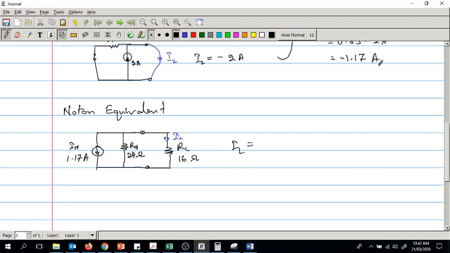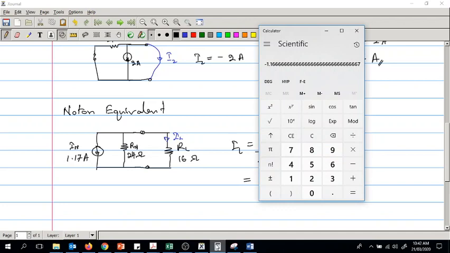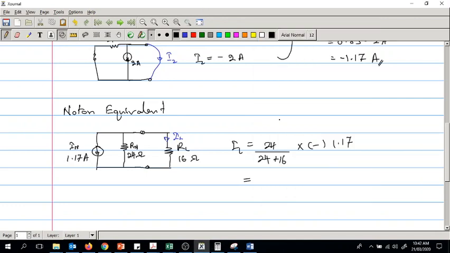IL is equal to 24 divided by 24 plus 16 into minus 1.17, which is 1.17 into 24 divided by 40, which is 0.7 amperes.